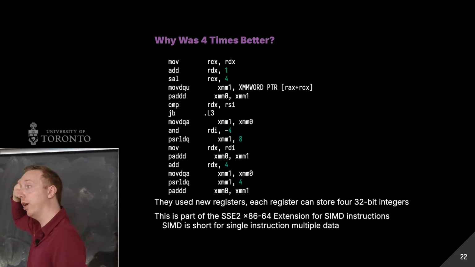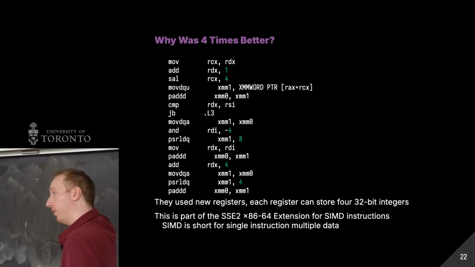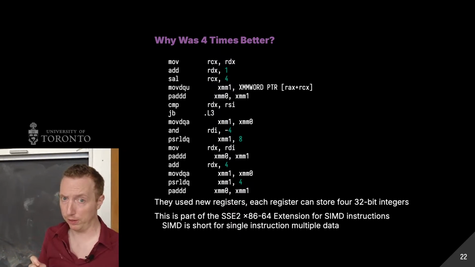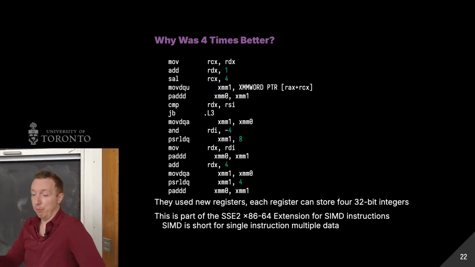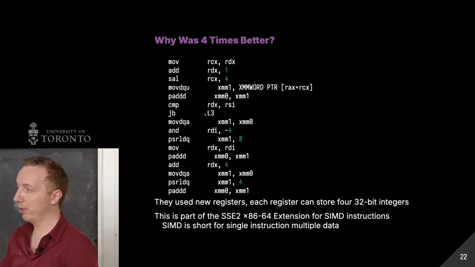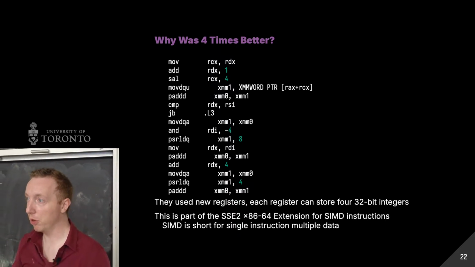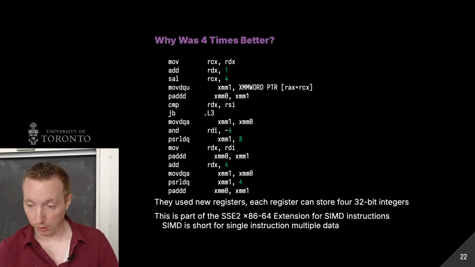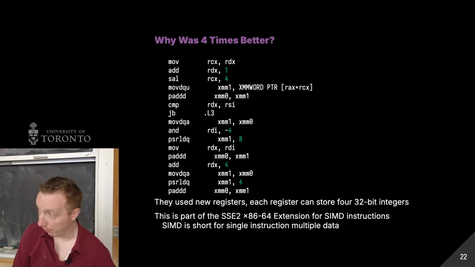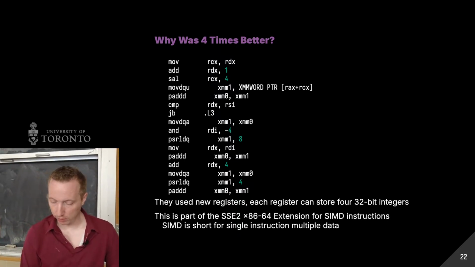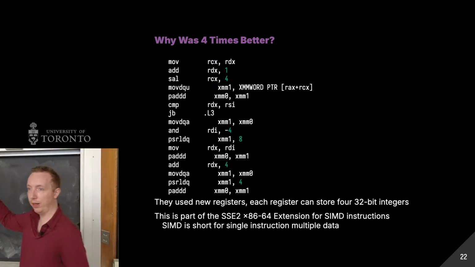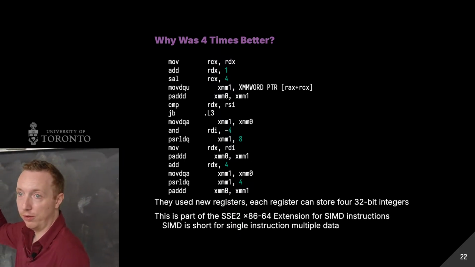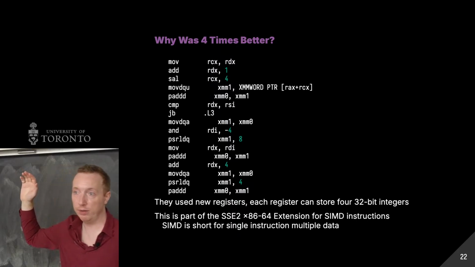So those are a CPU extension that is actually fairly old. There's more hardware on your machine so that one instruction can do multiple things in parallel at once. So they have new registers. If you look at the documentation for these, the size of each of these registers is 128 bits.